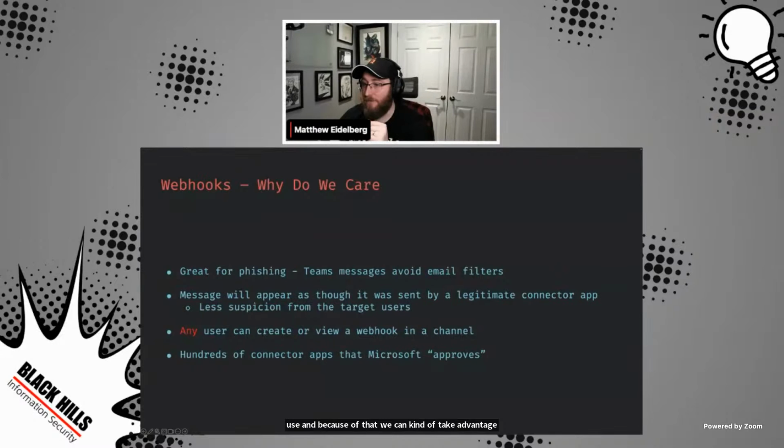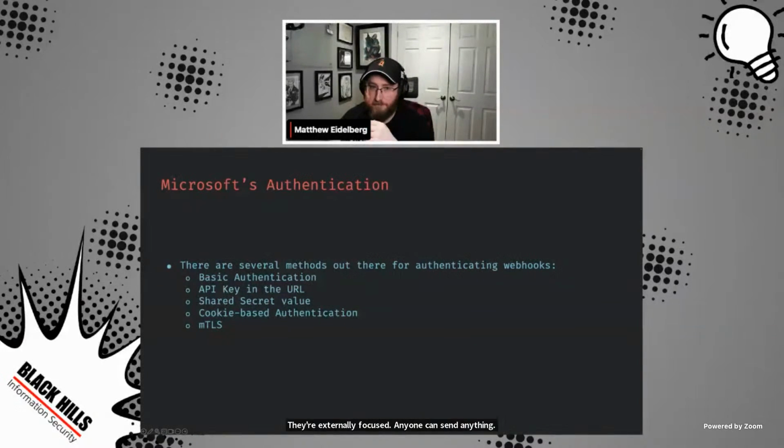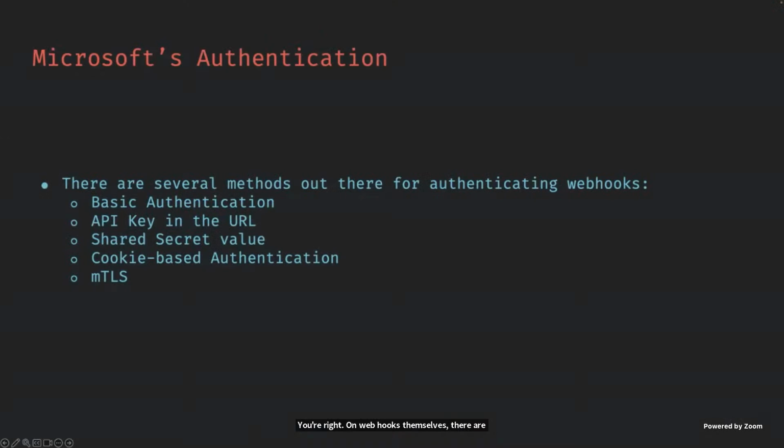Now, I mentioned before, and you're probably saying, well, it can't be right. They're externally focused. Anyone can send anything. There's got to be some sort of authentication. You're right. On webhooks themselves, there are supported authentication methods: basic, API secret key, bearer token, cookie authentication, mTLS, you name it.